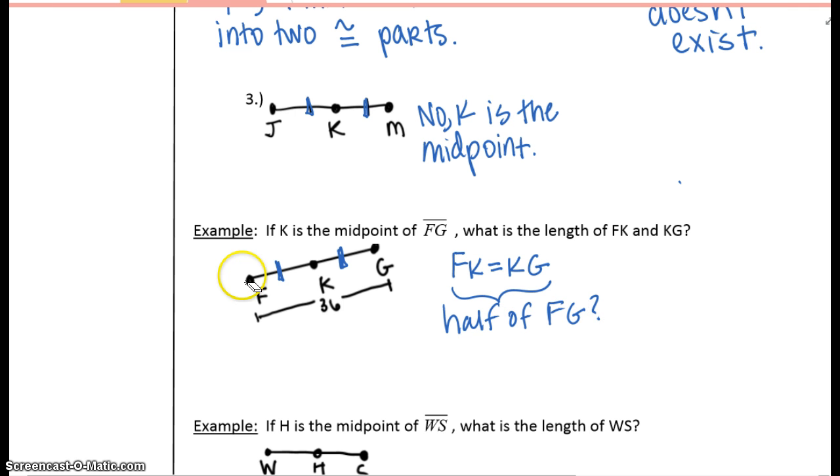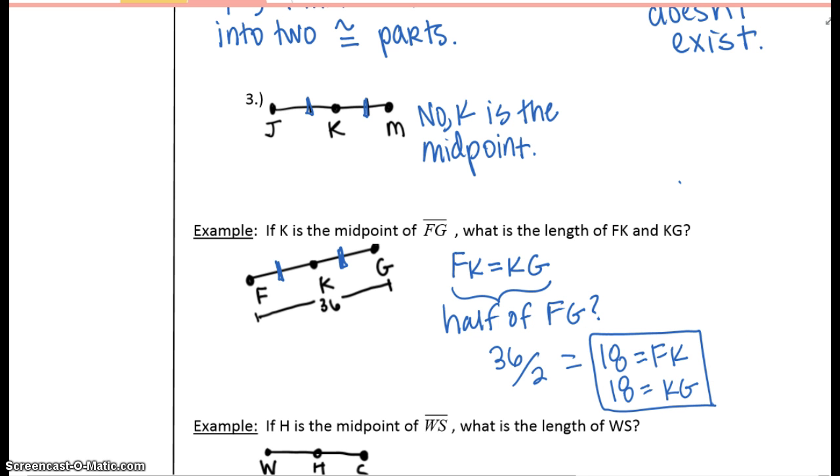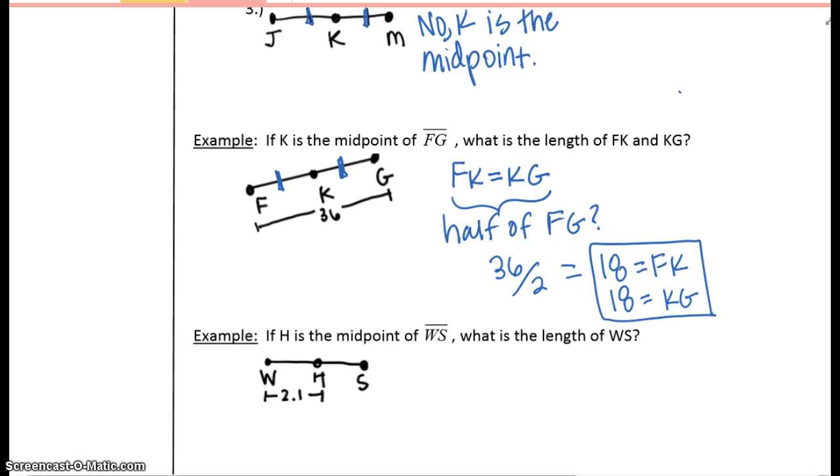Right? Aren't they both half of FG? If these are both the same, FK would be half of FG, and KG would be half of FG. So what you want to do is take 36 and divide it by 2, and use your calculator, and you will end up getting 18. So 18 not only equals FK, but 18 also equals KG. It equals both of them. Okay, so you have to think your way through it.